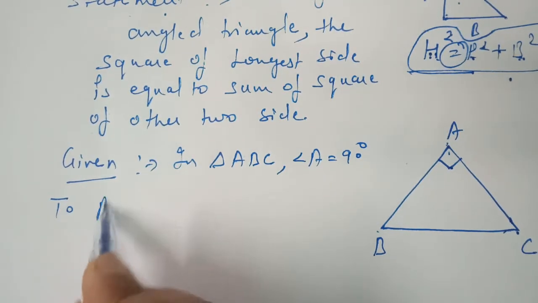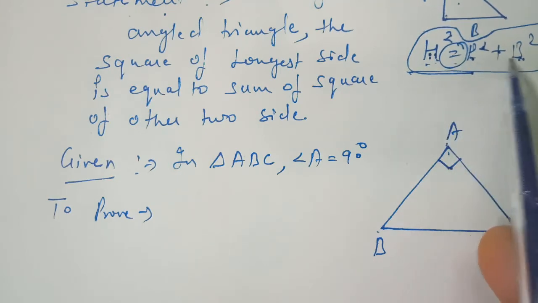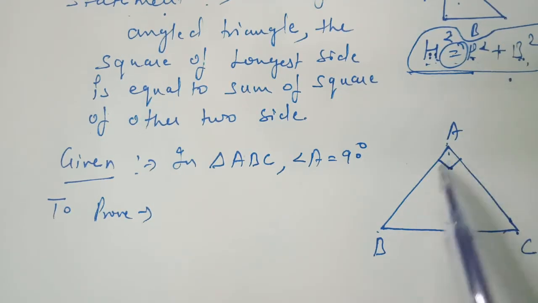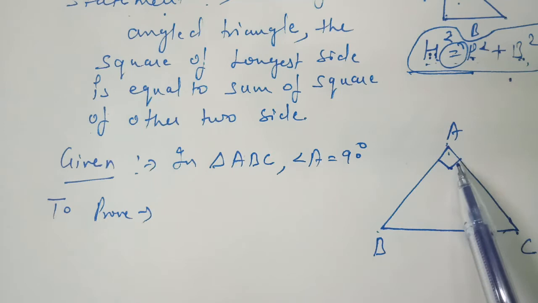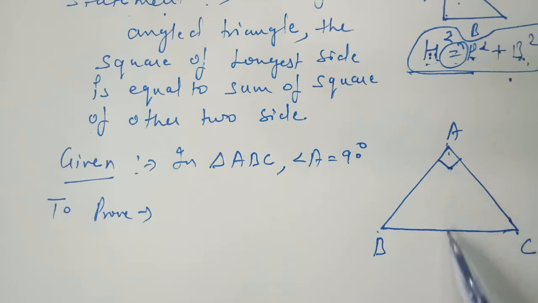Now what we have to prove? We have to prove this condition, h square equal to p square plus b square. On the basis of this triangle we have to identify which is the longest side. Always remember the side which is opposite to 90 degrees will be taken as the longest side. Here BC is opposite to angle A, so BC is the longest side.